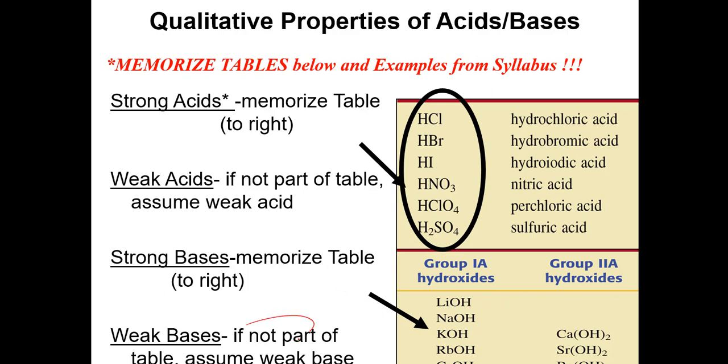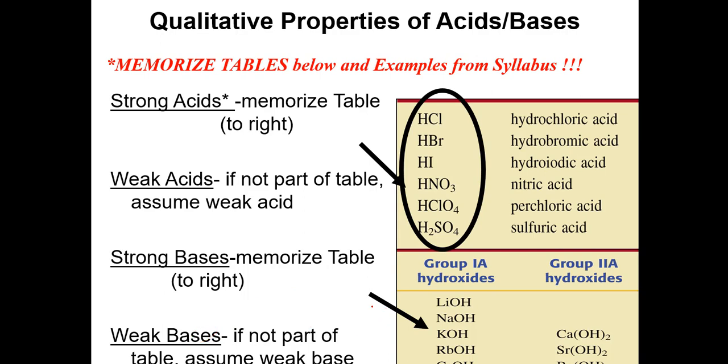And if they are not on the table, you can automatically assume it's going to be a weak base. So for example, lithium hydroxide, that's going to be a strong base. Why? Because it's on the table. Magnesium hydroxide is going to be a weak base. Why? Because it's not on the table.